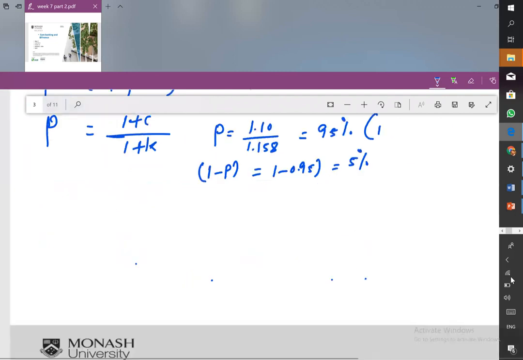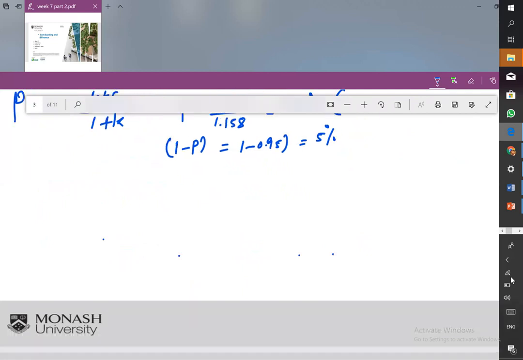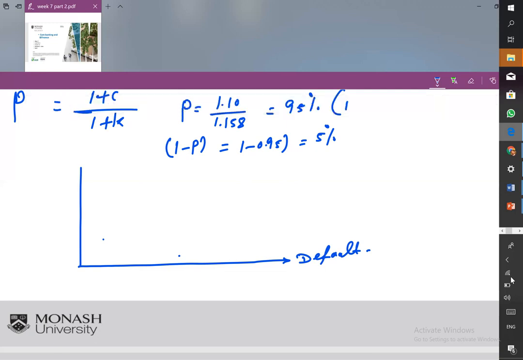If you want to draw it, it's just like this. This is the risk. What is the risk now? Our risk is the probability of defaulting, because we are talking about credit risk. And this is the return, starting from 0.